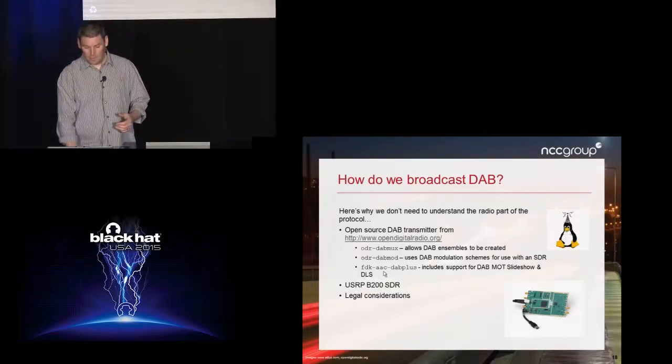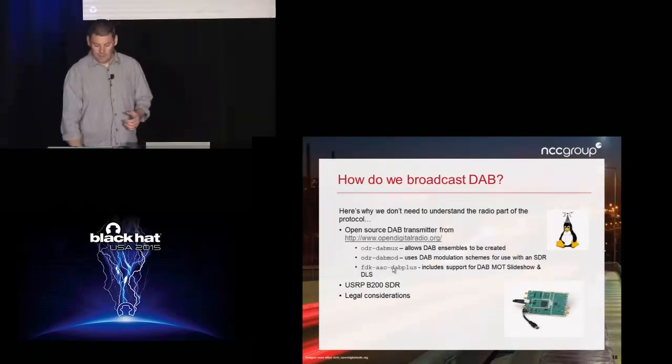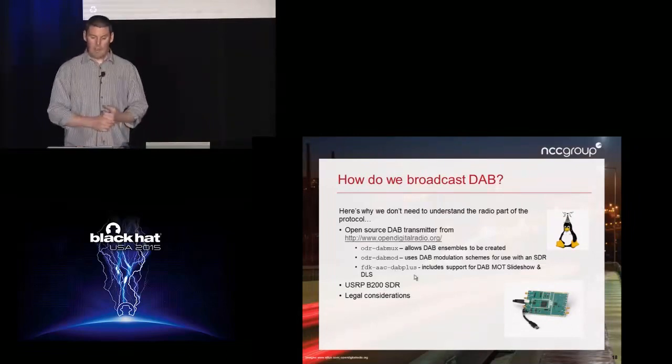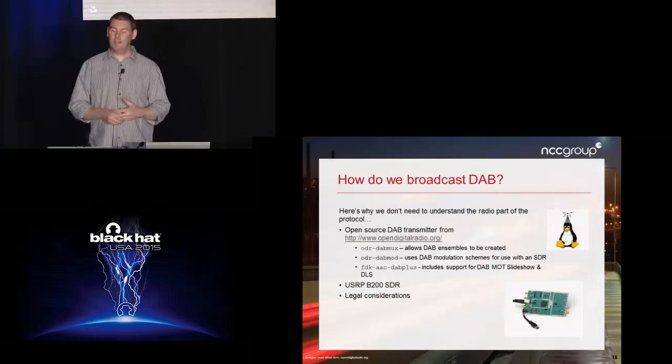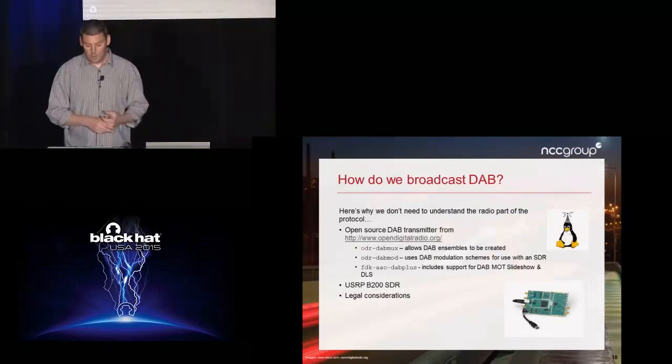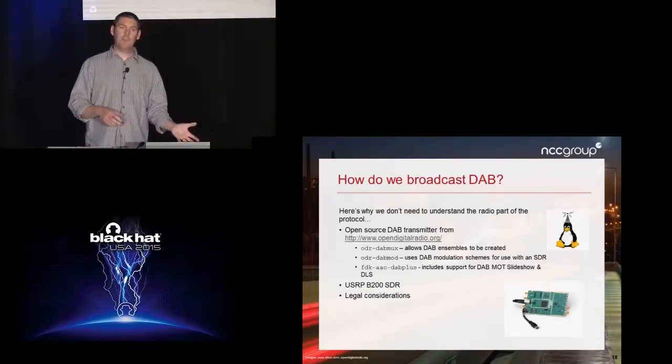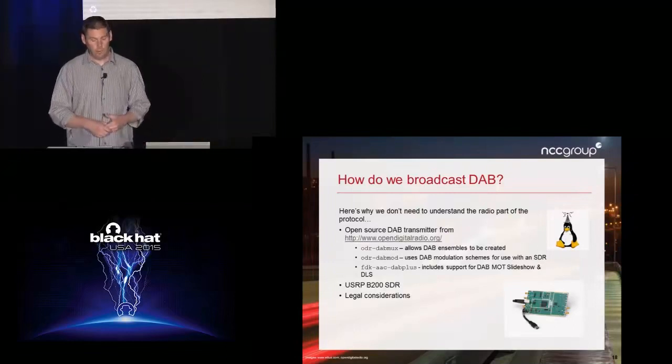There's also an extra component, FDK-AAC-DAB+, and what that allows you to do is leverage the functionality of DAB+, which will transmit in the higher quality audio, which is AAC. That's the audio protocol that's used with DAB+. With traditional DAB, it uses MP2 for audio encoding.